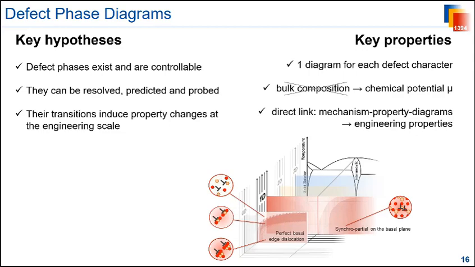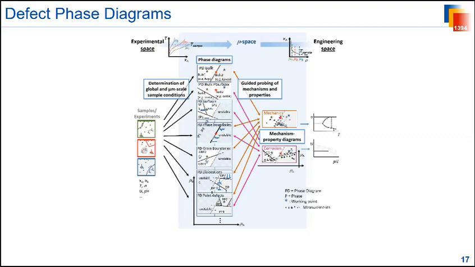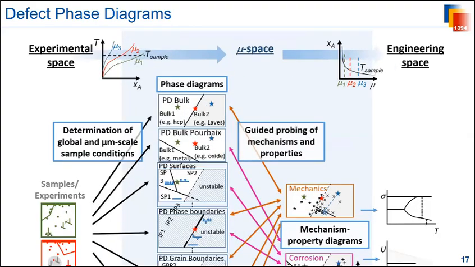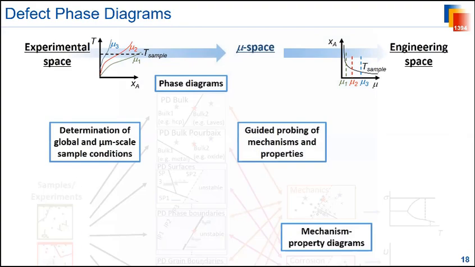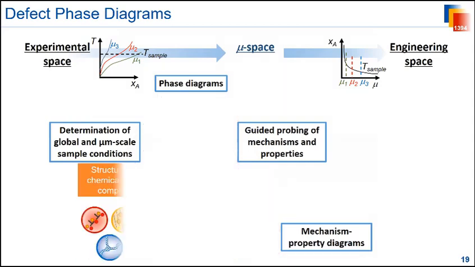We need the defect phase, we need the mechanisms that are related to this phase, and then we get to engineering properties once we set all of these into competition. So that's a sort of intuitive view that we just had there. And what's important to notice is that really everything that we normally do is actually there.